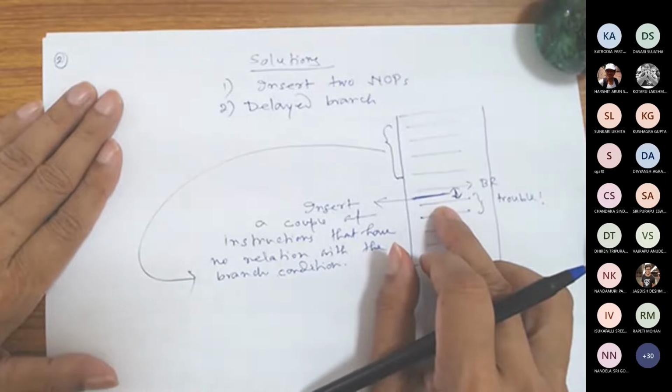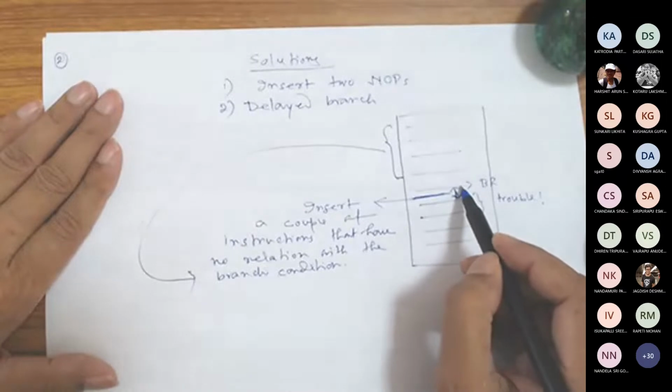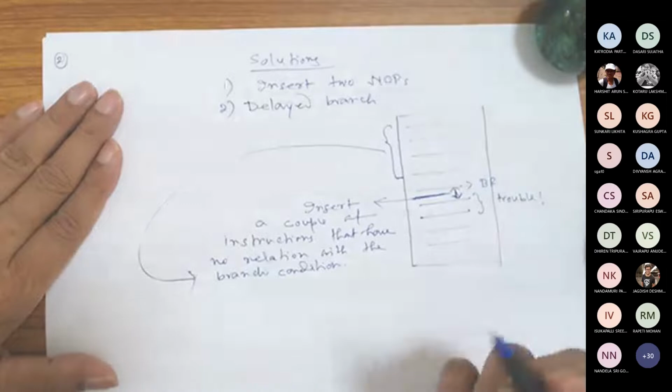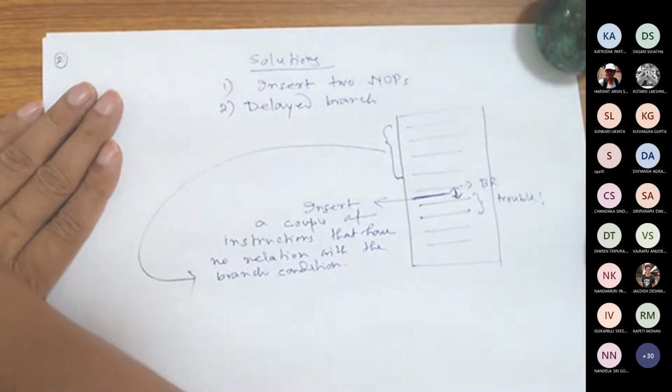What will happen? In that case, at the third stage, when the branch gets the condition checked, if the condition is going for branch, it will go there, then also no problem. If the condition is going not for branch, it will come here, then also there is no problem.